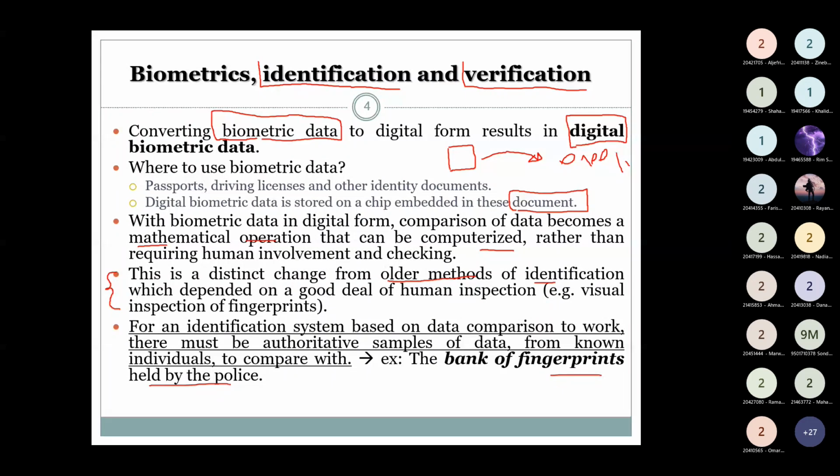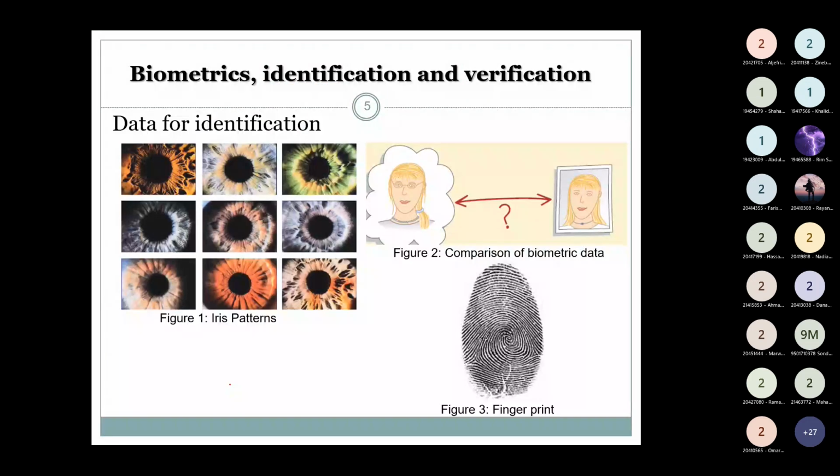Okay, so let's have a look now at this example. This is some data for identification. These are the patterns, the samples. In the first figure, you have the iris patterns, the eye print. In figure 3, you have the fingerprint, and in figure 2, you have a photograph. We need to compare the biometric data.